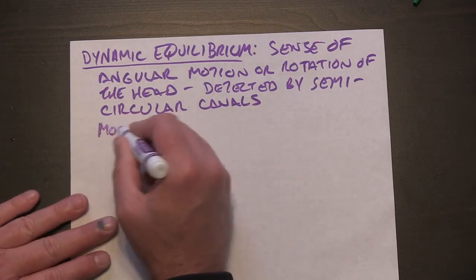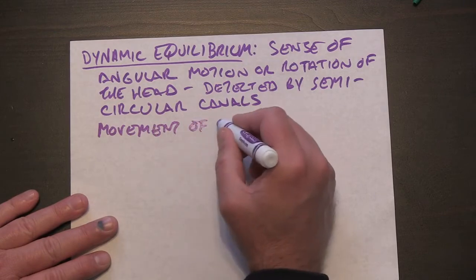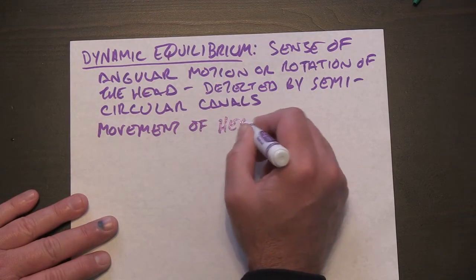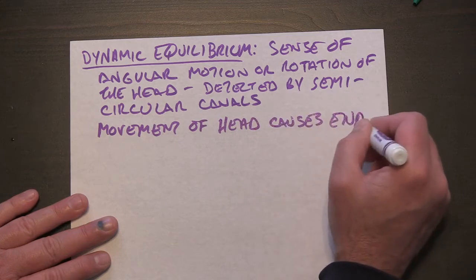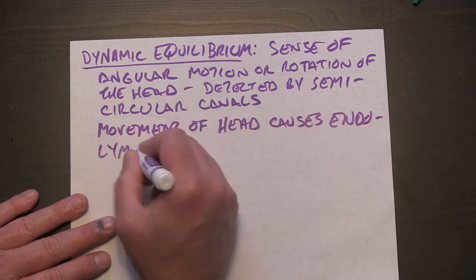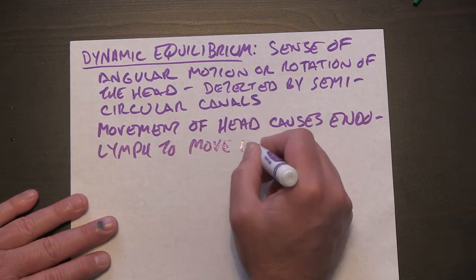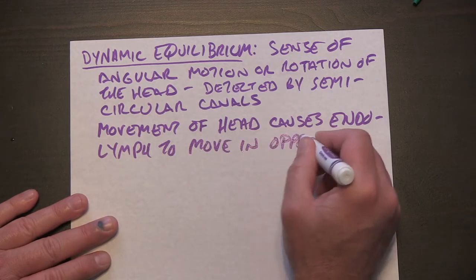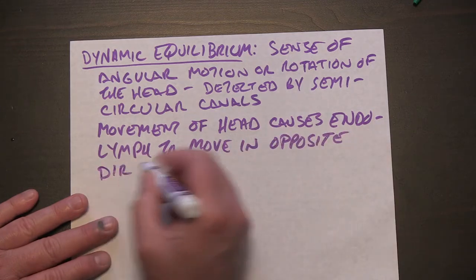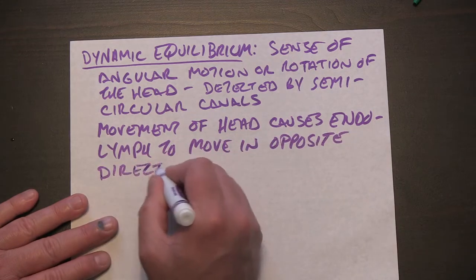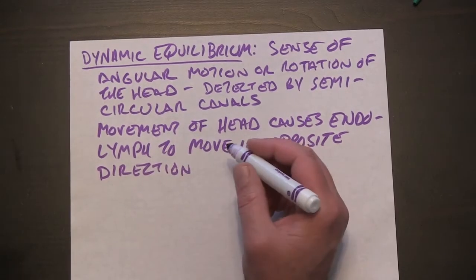So essentially, movement of the head causes the endolymph to move in the opposite direction through the canals, of course.